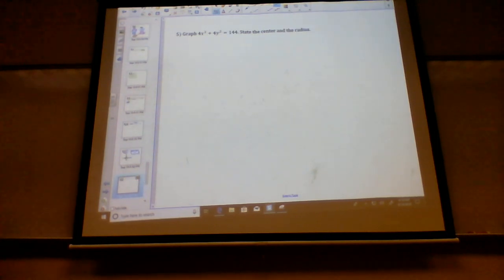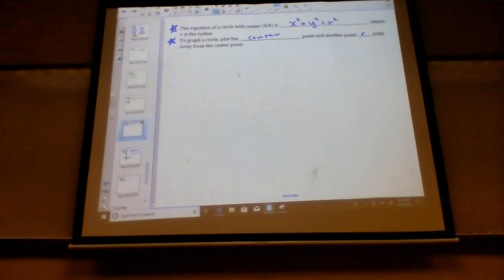It says graph 4x squared plus 4y squared equals 144. Well, I have a problem because this equation right here doesn't look like this. It doesn't have x squared plus y squared by itself.